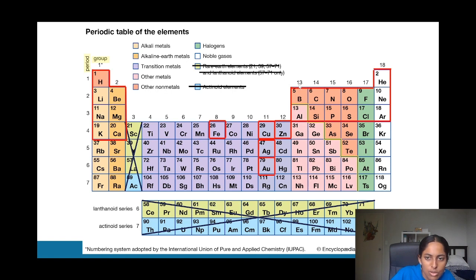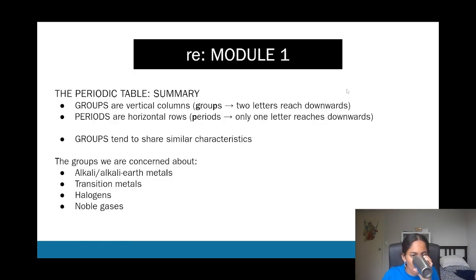This is +2, +3, +4, -3, -2, -1, and 0 as a charge. That's how you structure it, and that's how you know what they're representing. The main ones that we're really concerned about are alkali or alkaline earth metals, transition metals, halogens, and noble gases.